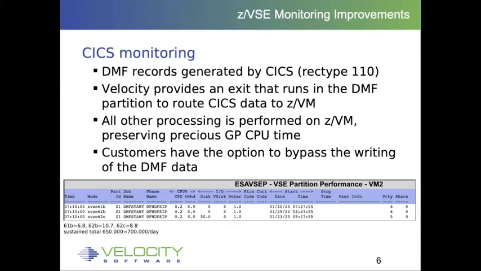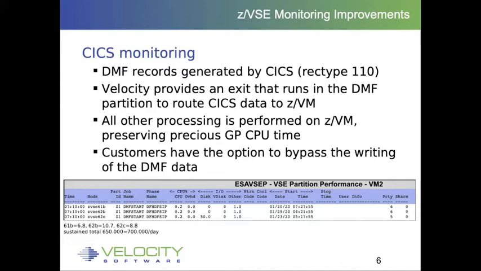This display right here shows 3 different VSE systems. You can see that the node name is the VSE system name. And I'm highlighting the fact that the DMF partition itself is only using 0.2% of the CPU resources.